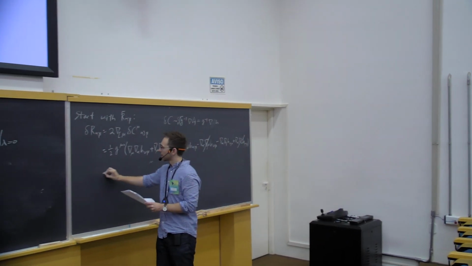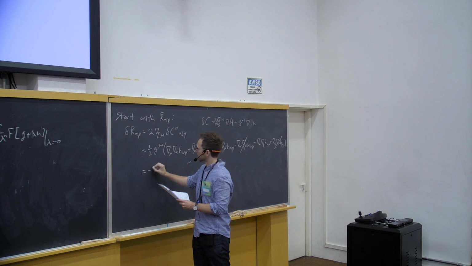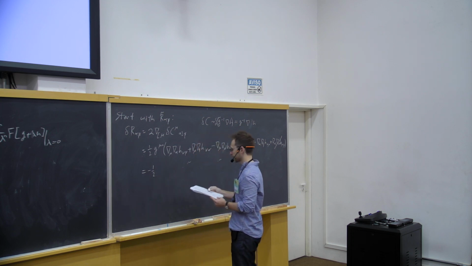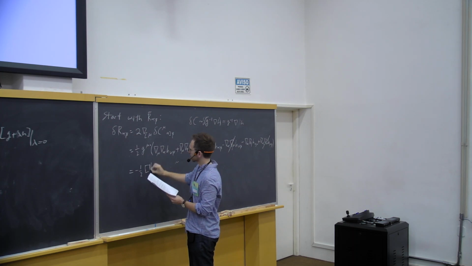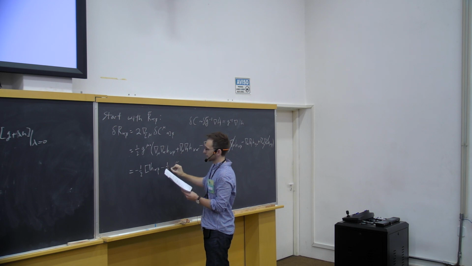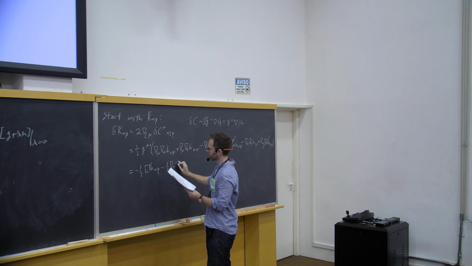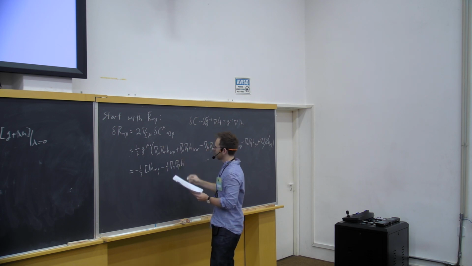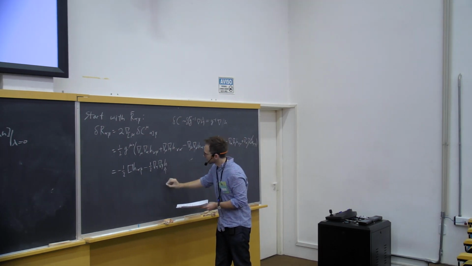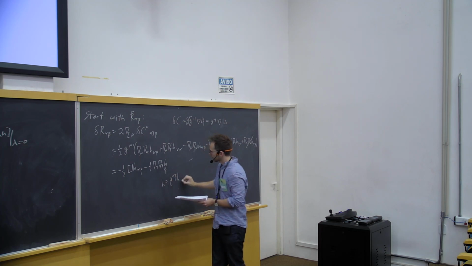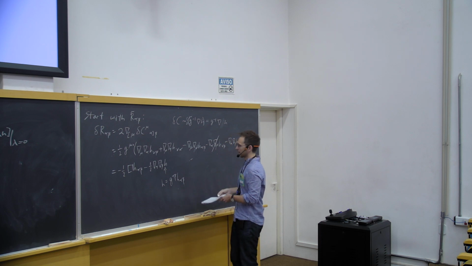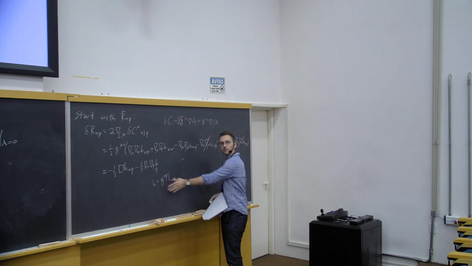And we can simplify this to be minus a half box H alpha beta minus a half grad alpha grad beta acting on H, where this H is the trace of H with respect to the background metric.